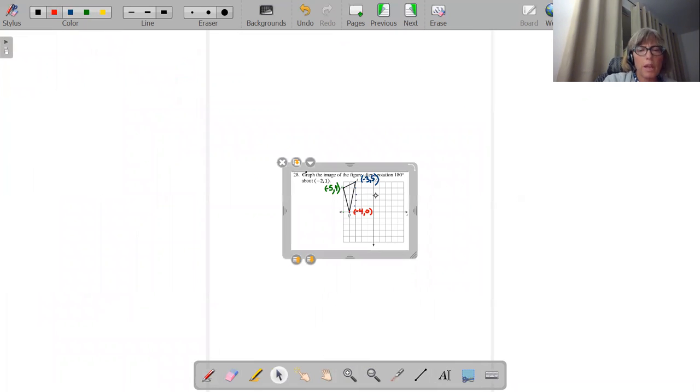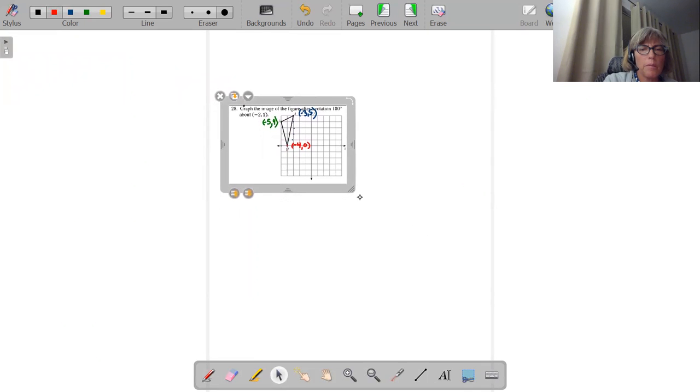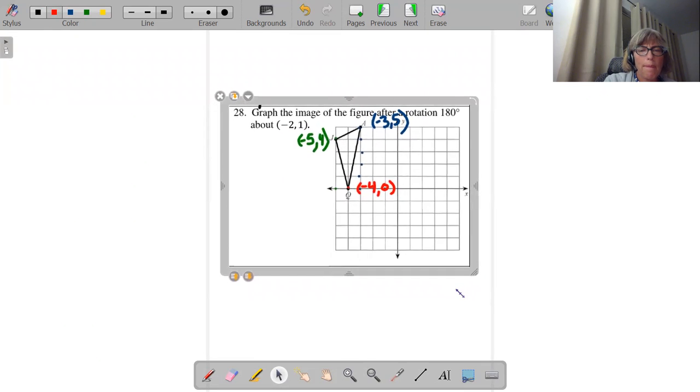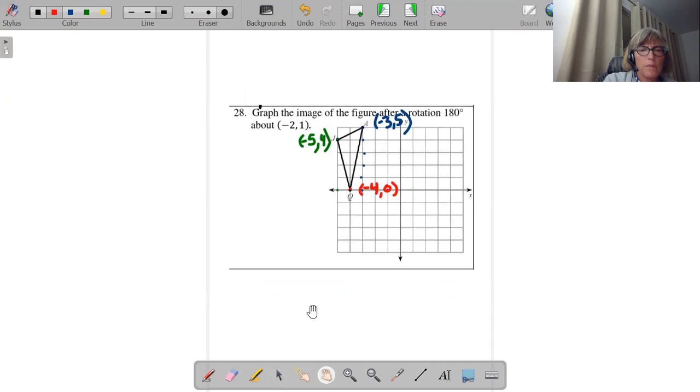Take this over to a new page so we can see it nice and big. Step 1, we're going to take these points, -3, 5, -5, 4, -4, 0, and we're rotating 180 about the point.